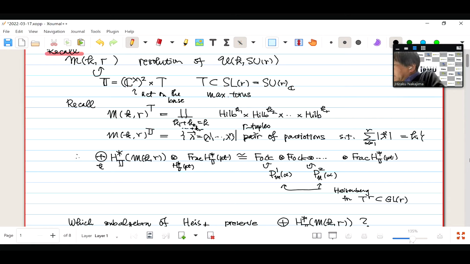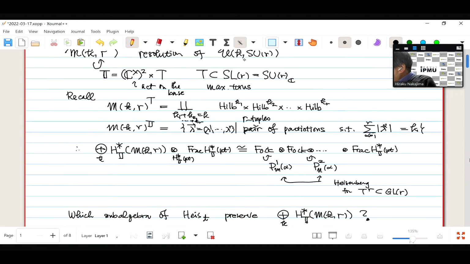Each Fock space receives a representation of the Heisenberg algebra, so in total you have R Heisenberg algebras. In other words, you have the Heisenberg algebra for the R-dimensional torus, which is regarded as a maximal torus of GL_R instead of SL_R.